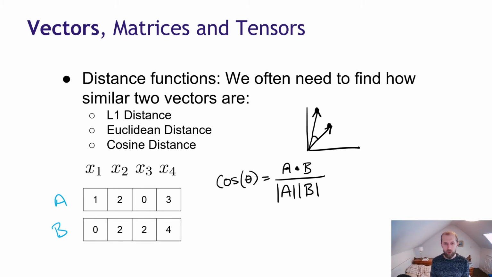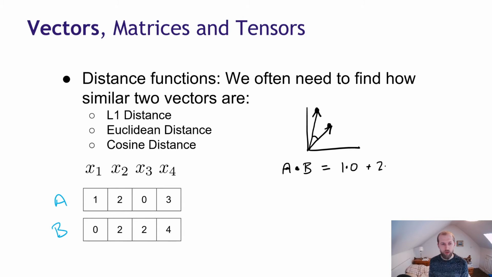And the dot product, if we do A dot B, is going to be, instead of before where we were doing a subtraction of one of these to the next, we're instead just going to multiply them. So we do 1 times 0 plus 2 times 2 plus 0 times 2 plus 3 times 4. And that's how we find the dot product of two vectors.